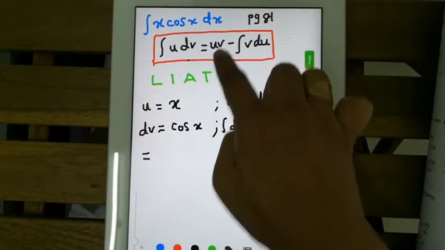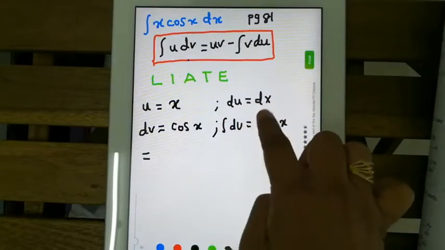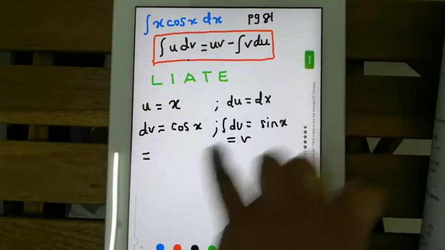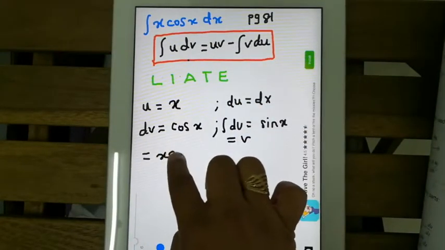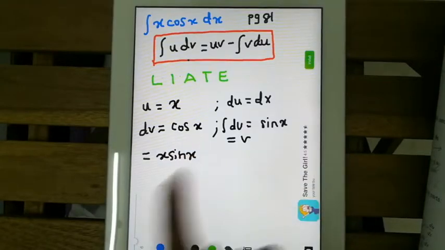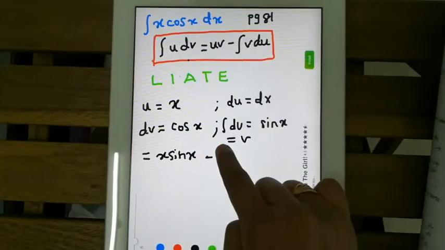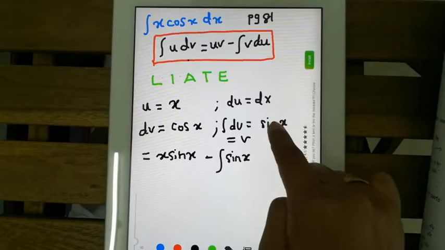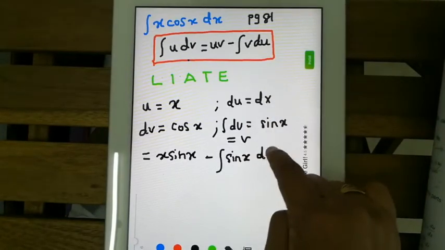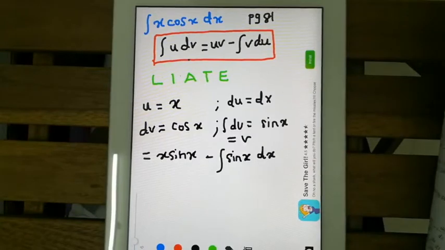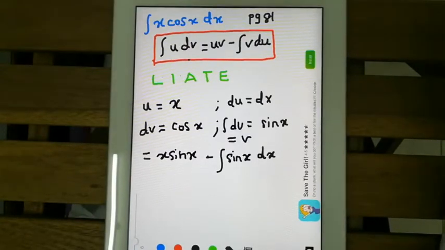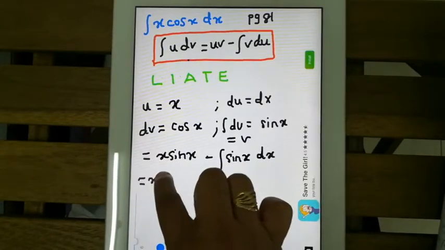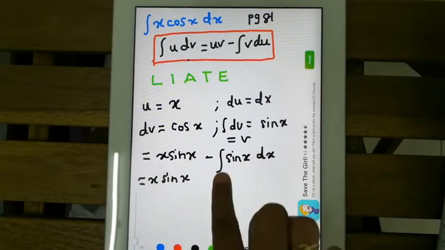So u times v is x sine x, minus the integration of v, which is sine x, and du is dx. Is that your final answer? No. You need to integrate this one. So x sine x is fine over there.